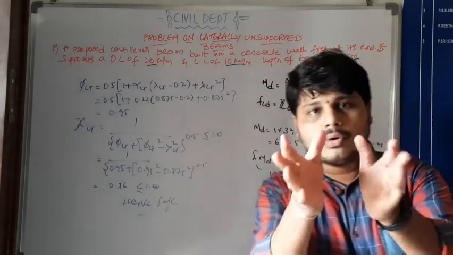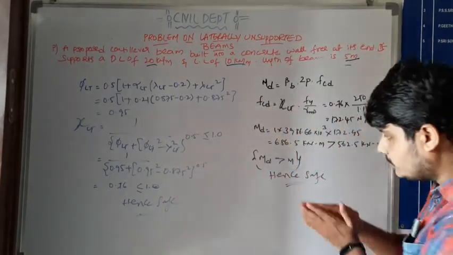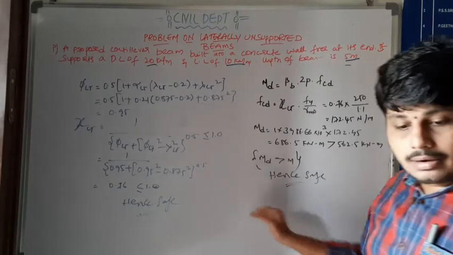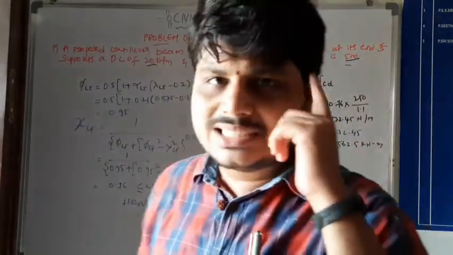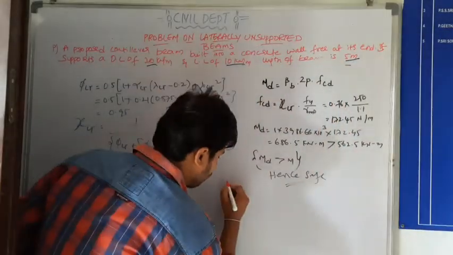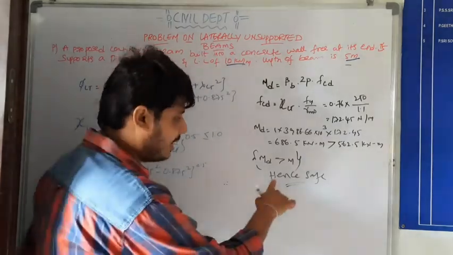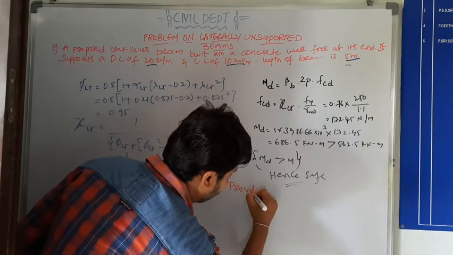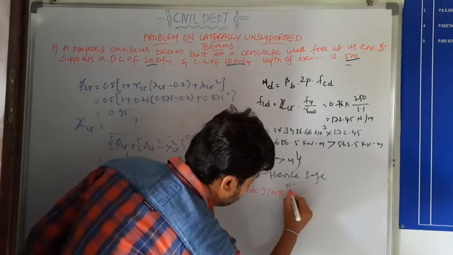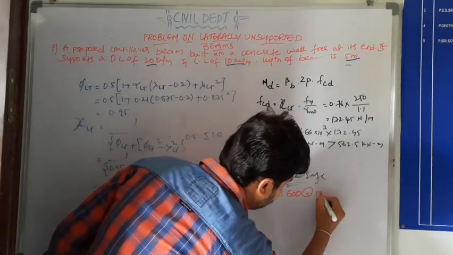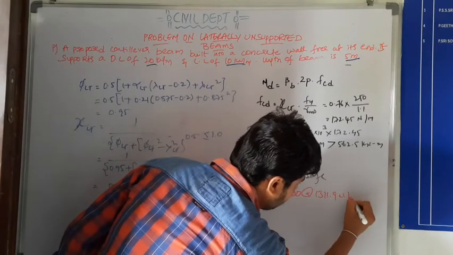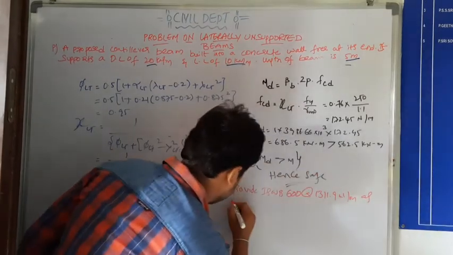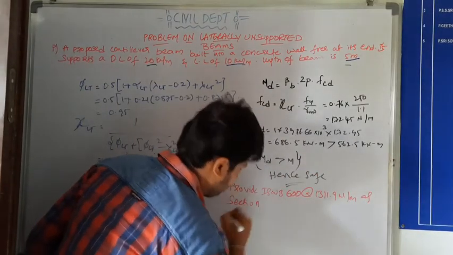If it is given for 14 marks, we can stop the formulas here, and please keep in mind, the last step should be written. You should write: provide ISWB 600 at the rate of 1311.9 Newton per meter as section.